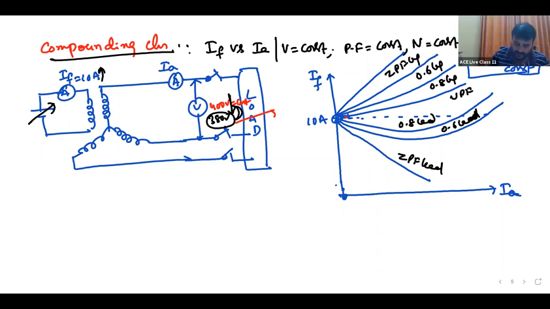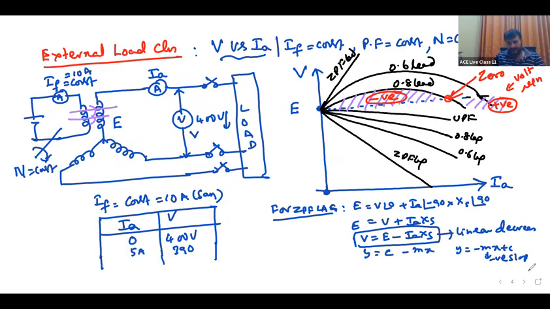Hello, sir. In this compound characteristics, sir, the leading characteristic I have not got. For leading power factor, regulation can be positive or negative, right? Yes, I have understood this one.